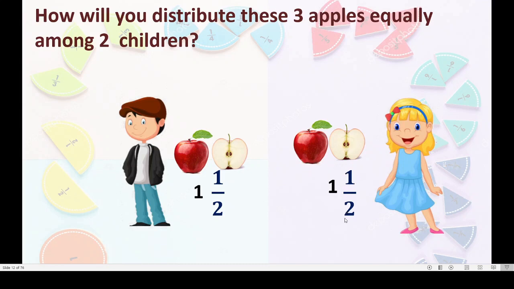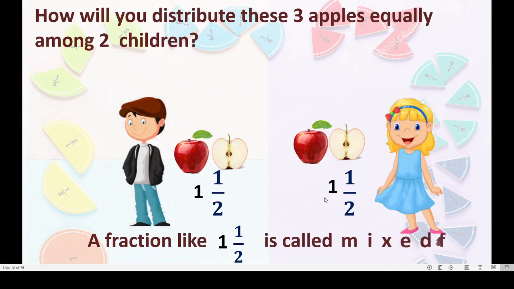Dear children, you can see here three numbers. One beside, one in the numerator and one in the denominator. This is full and this is half, isn't it? Like this, the fraction is called a mixed fraction. Got this? This whole number is also there and a fraction is also there.